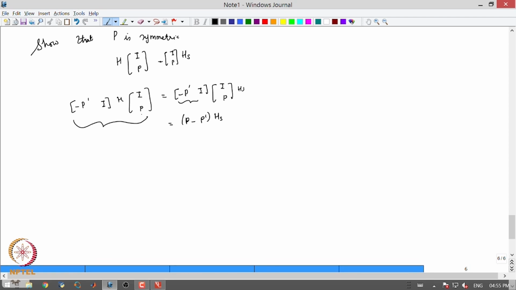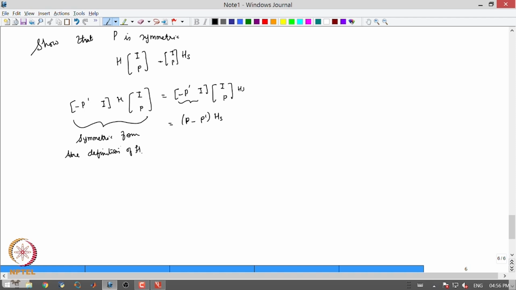Okay, so this can be shown to be symmetric from the definition of H. I'll just leave that for you to prove. Very straightforward process.